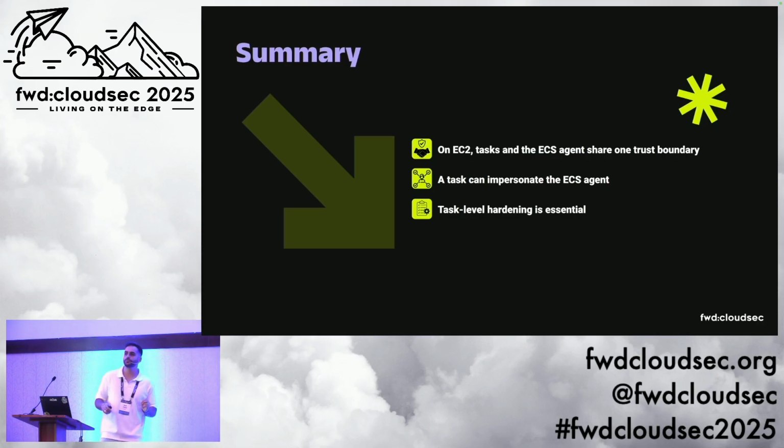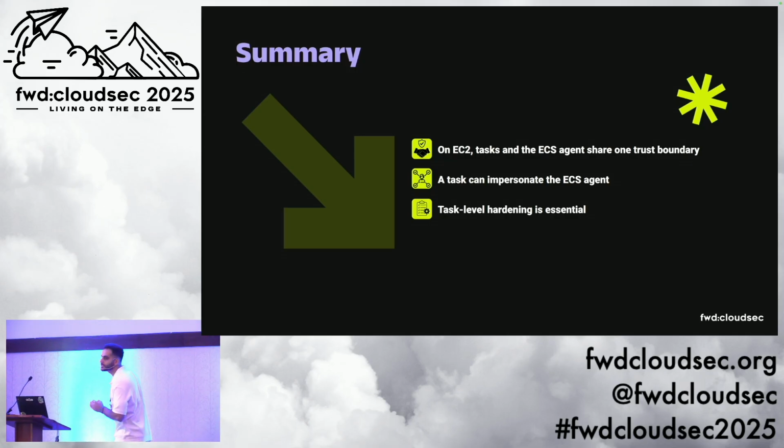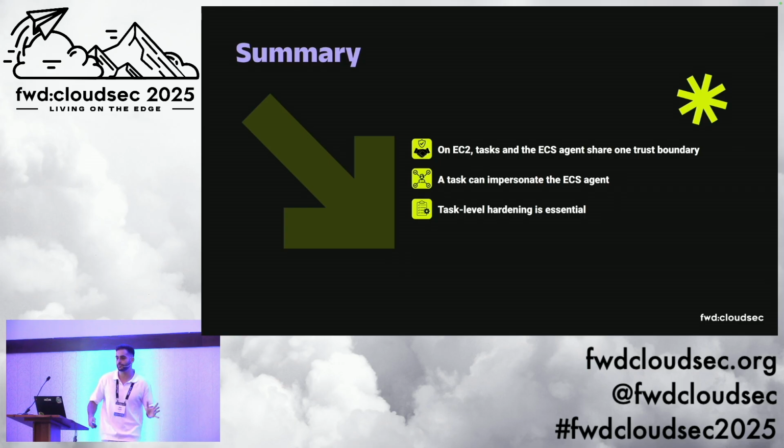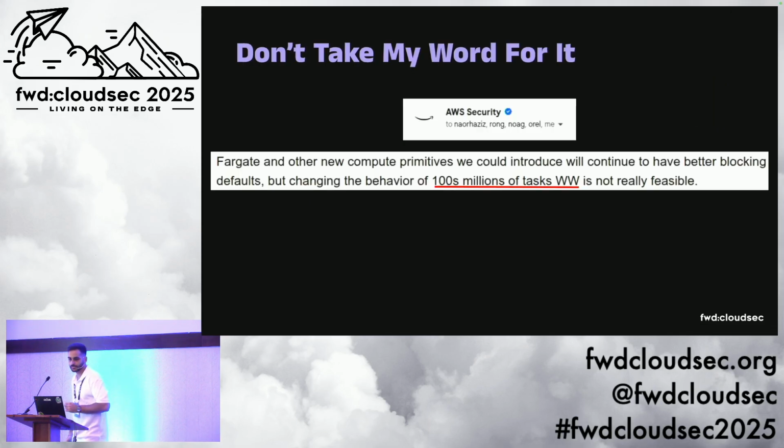If there's one thing I want you to take from this talk, it's please, task level hardening is essential. AWS is not going to change the behavior that I showed you for now. So one thing you should know is that IAM roles are your last line of defense. Please, disable IMDS and don't give tasks roles they don't need. Keep that in mind.